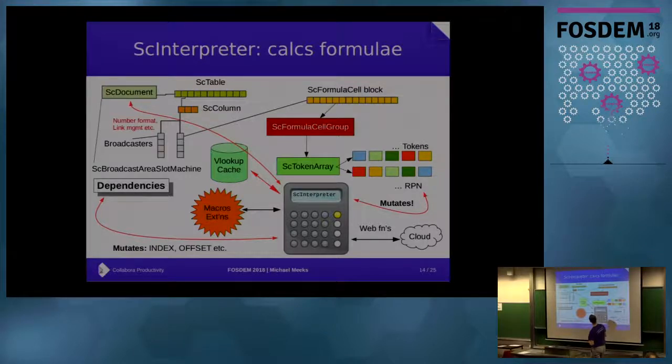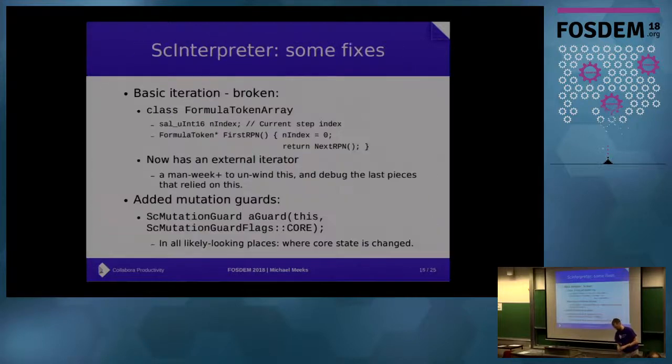And so we were really rather keen to have simple locking that didn't require lots of highly granular locking everywhere, particularly if that's going to be in the common single-threaded case that's also still used. So we were eager to make it relatively simple. So we cleaned up this magic of having the current index inside the instance of the token array that you're iterating over.